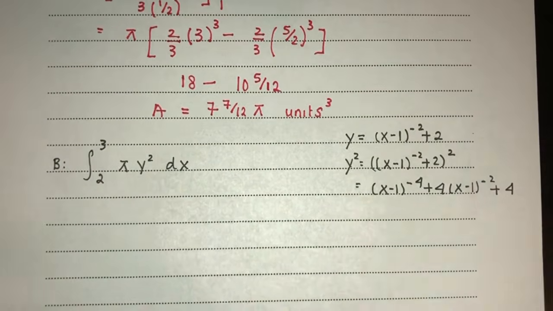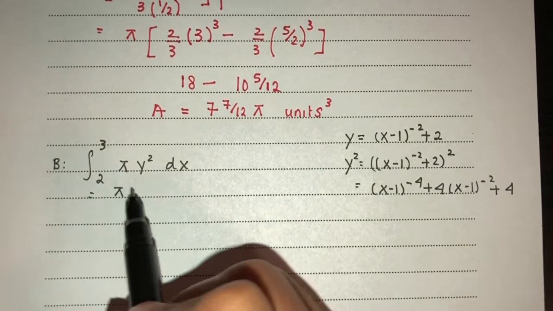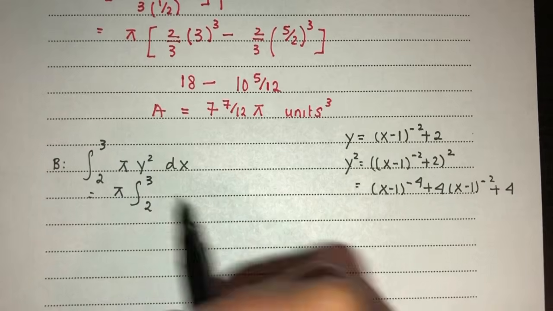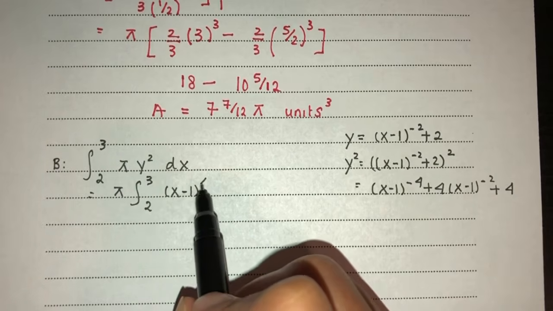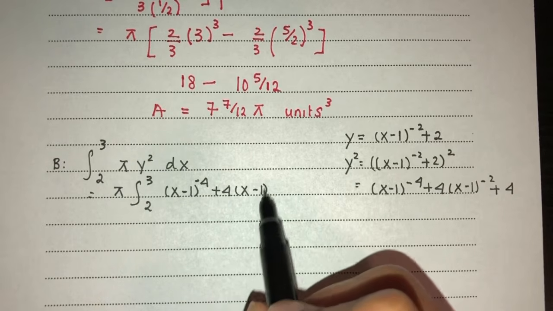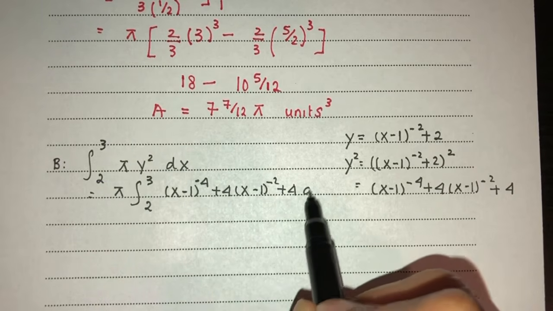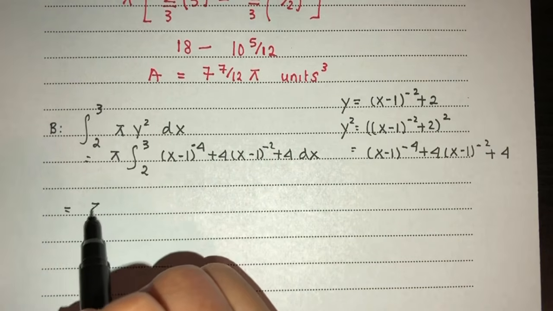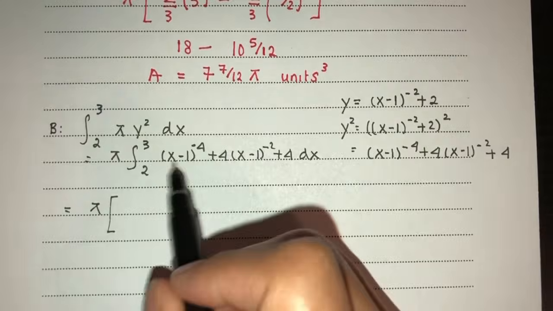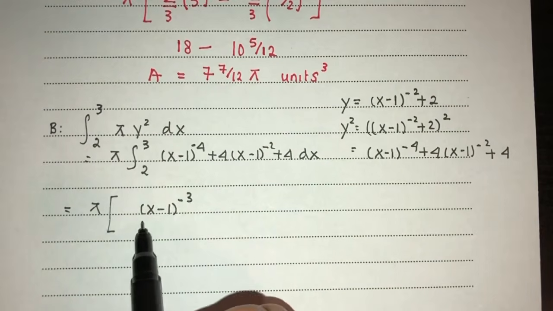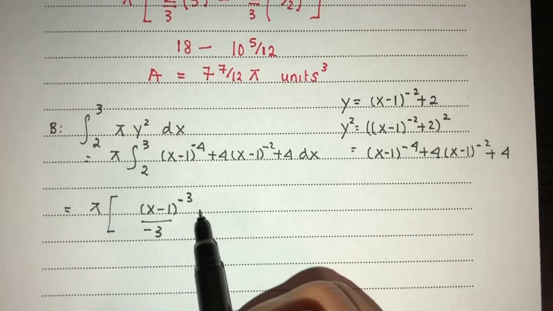Now the first step is we can take out pi as we have seen previously. That will be 3, 2, and then we have this, plus 4 times x minus 1 power minus 2, plus 4, dx. Now let's simplify one by one. First one, we have to increase the power by 1. You will have minus 3. Then divide by the power, plus 4.